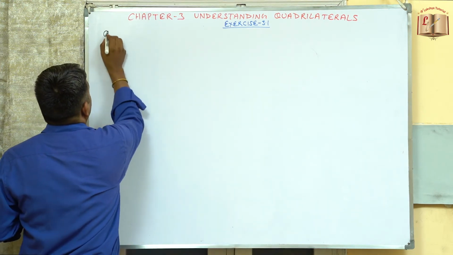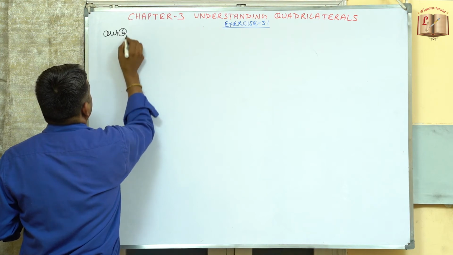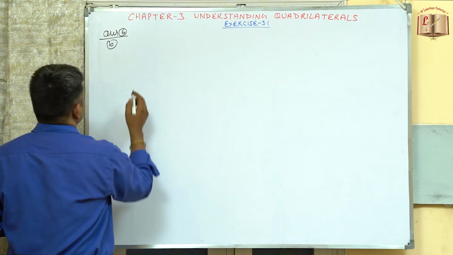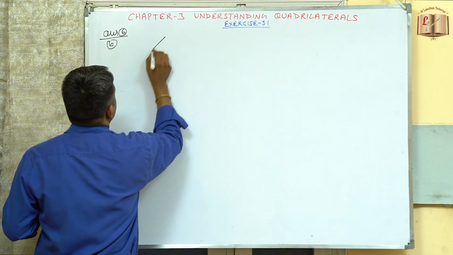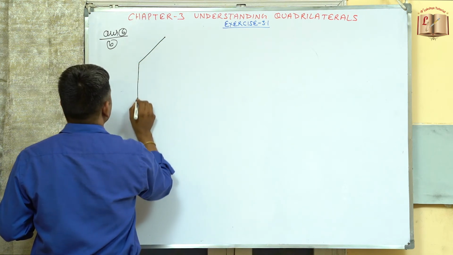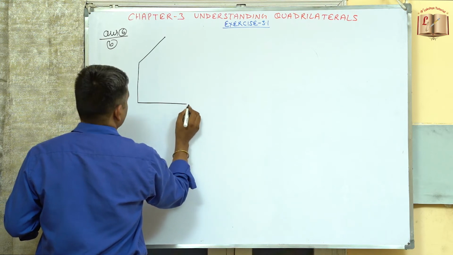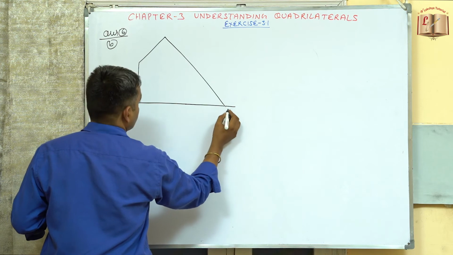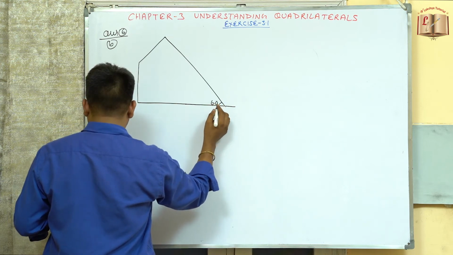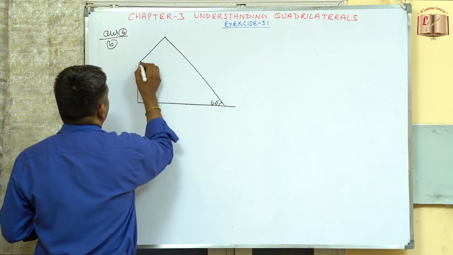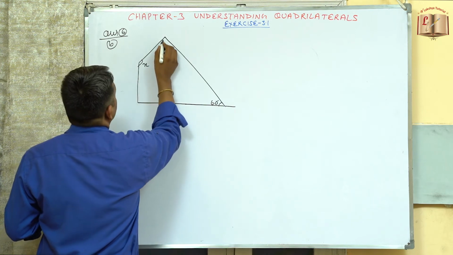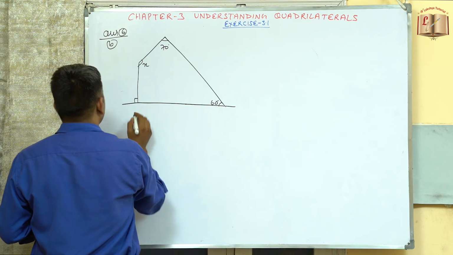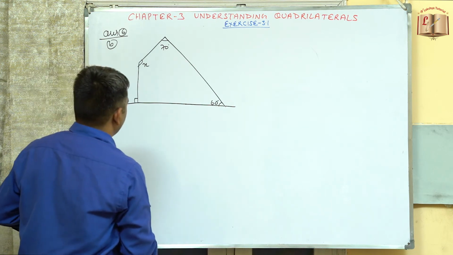So now coming to the second part of question number 6. So this is 60 degrees, and here it is x, this is 70 degrees, and this is 90 degrees. Again we need to find out x.